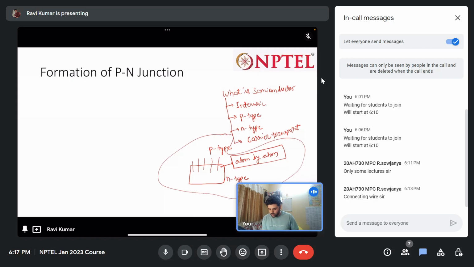Do you know the band gap of p-type semiconductor? Do you know the band gap of n-type semiconductor? Most of you already know the band gap of p-type and n-type semiconductors. I'll just draw once.